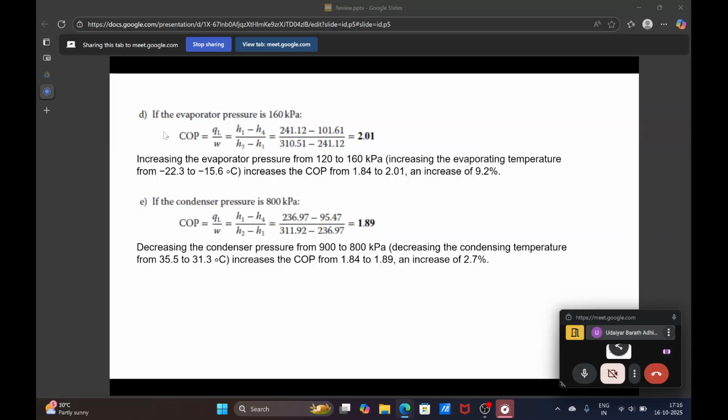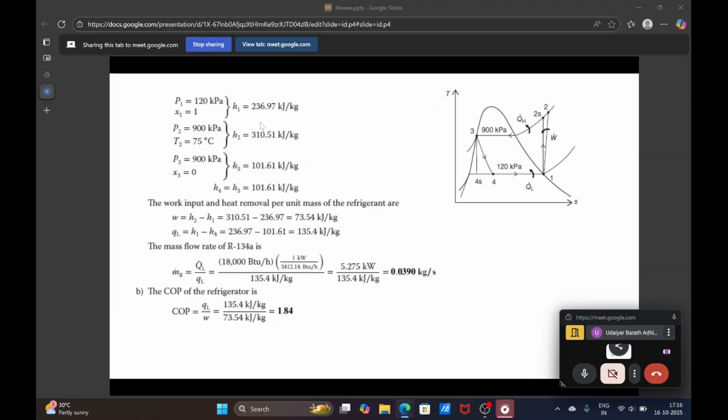So next is, if the evaporator pressure is increased to 160 kilopascal from 120 kilopascal. In that case what happens is your H1 will change, but H4 remains the same because your H2 remains the same.